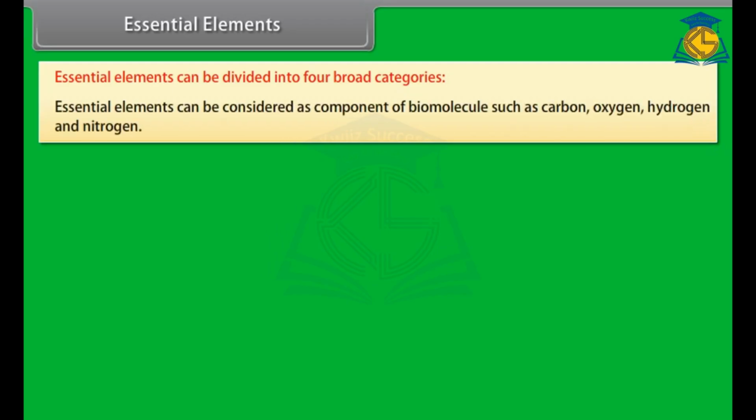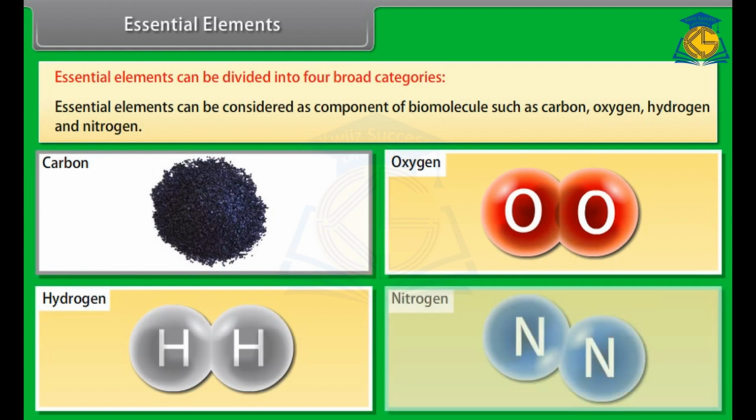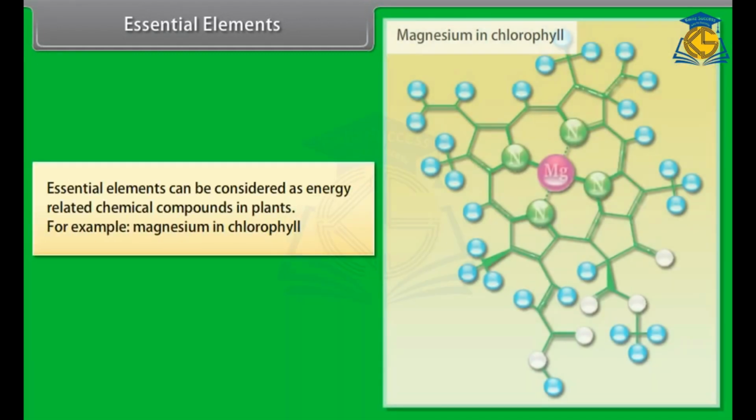Essential elements can be divided into four broad categories. Essential elements can be components of biomolecules, such as carbon, oxygen, hydrogen, and nitrogen. Essential elements can be energy-related chemical compounds in plants, for example, magnesium in chlorophyll.